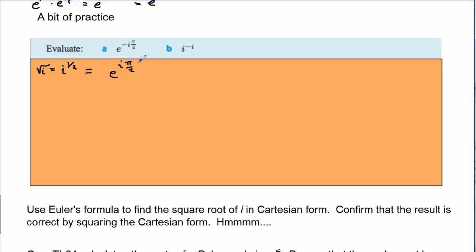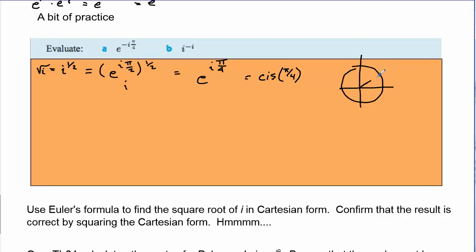And if we take i and take the square root of it, we get e to the i pi over 4, so this is the square root of i, which is cis of pi over 4. And if we think about where that is, cis of pi over 4 is here, and it has coordinates of 1 over root 2, 1 over root 2, so 1 over root 2 plus 1 over root 2 i.